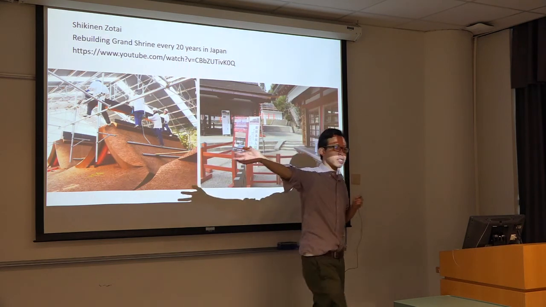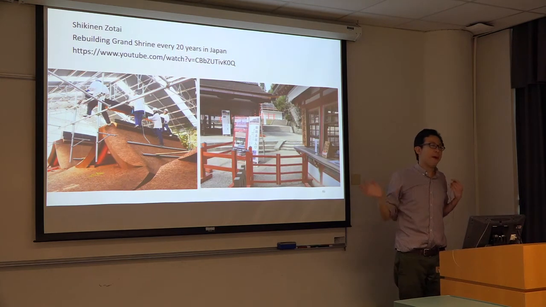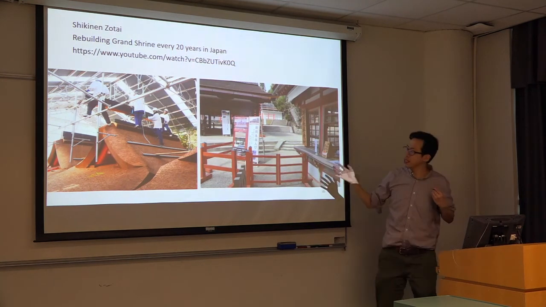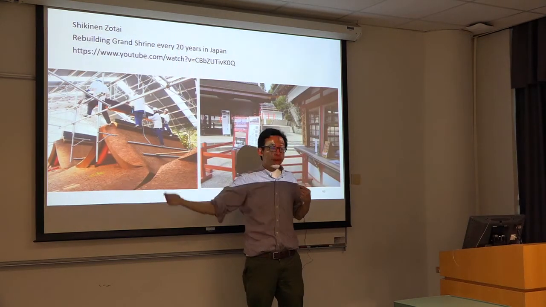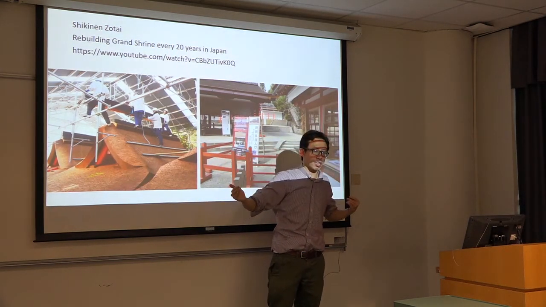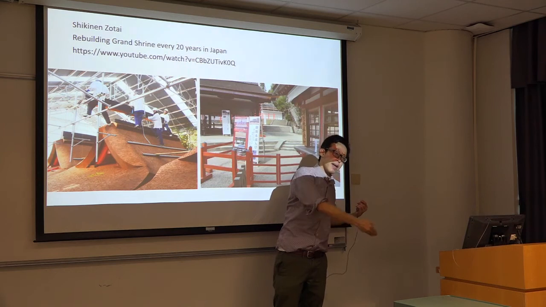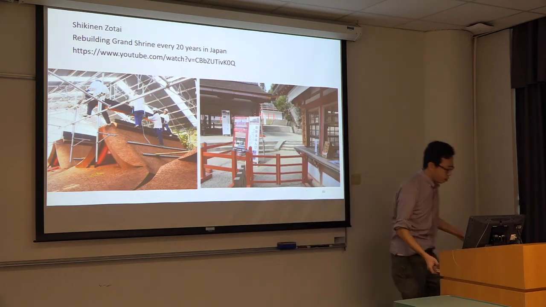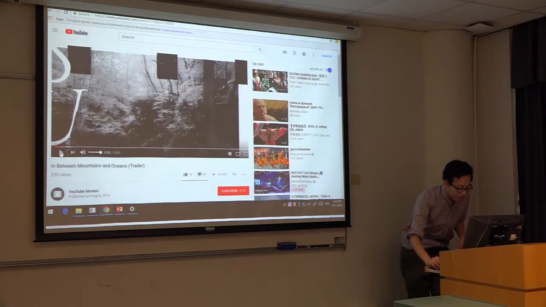The whole buildings will be disassembled, will be taken apart. And workers will recollect new materials to rebuild the temple or the structure within a certain period of time, using the original techniques and methods. And I'm going to show you this video so that you can understand better what I'm talking about.